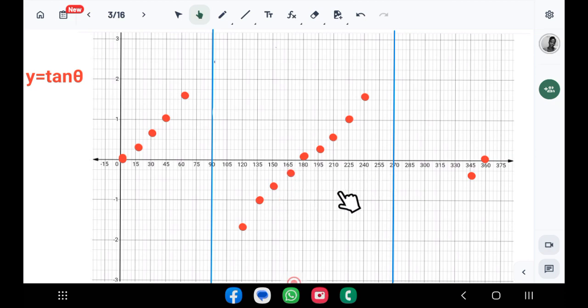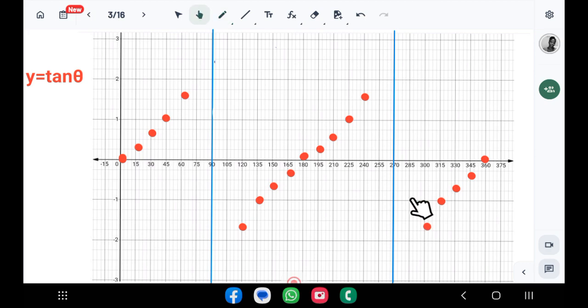All right, so we must have this point right there, and that's how you duplicate. 315 matches with 135, so it will be on the negative 1. Same thing, 300 matches with 120 on the negative. So there it is over there.